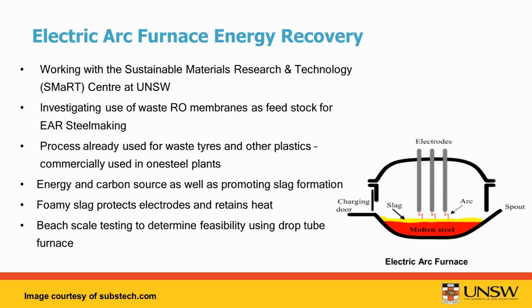Now, what is an electric arc furnace? Well, there's two types of steel making traditionally. There's the continuous process of a blast furnace and the more batch process of an electric arc furnace. In this picture, you can see the simplified representation of it. Think of it as just a molten steel boiling pot driven by electric electrodes.